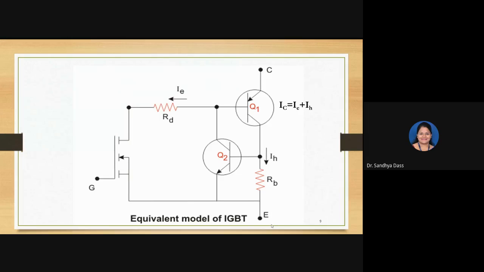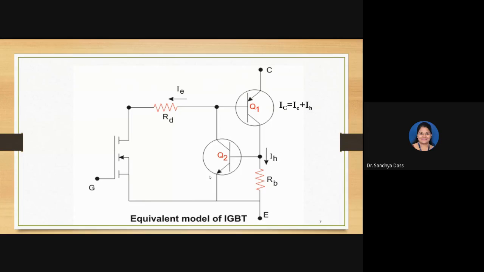I'll repeat. Latching up of IGBT is nothing but when the collector current, that is the output current, exceeds some threshold value, then this parasitic transistor gets latched up.